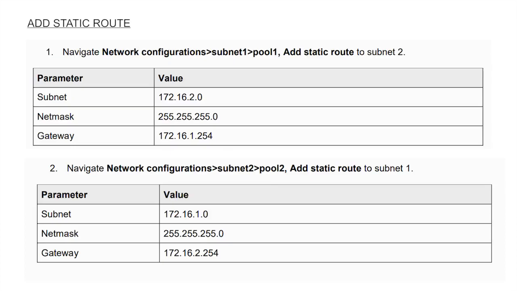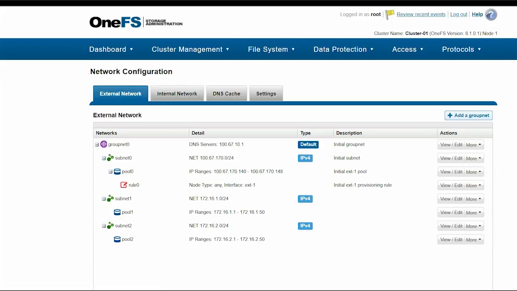Static routes need to be configured to enable traffic across two subnets. Go to Network Configurations, Subnet Pool, choose Add Static Route and enter the static route information for subnet, netmask and gateway. The next step is to configure the Microsoft Windows SMB share.